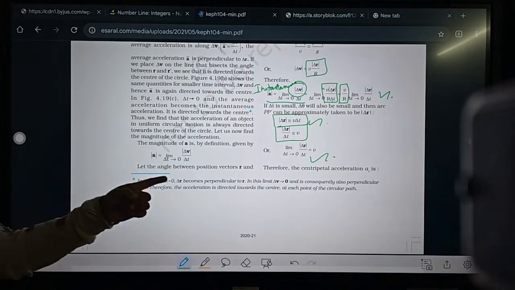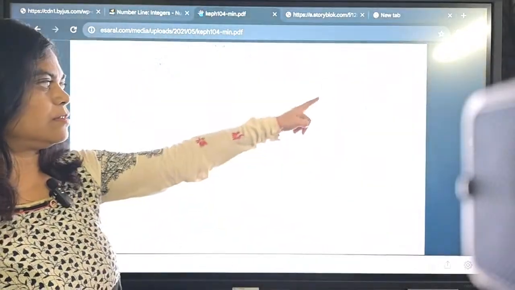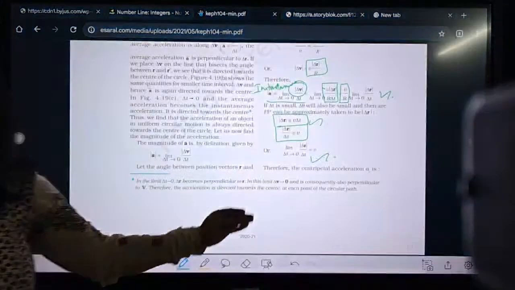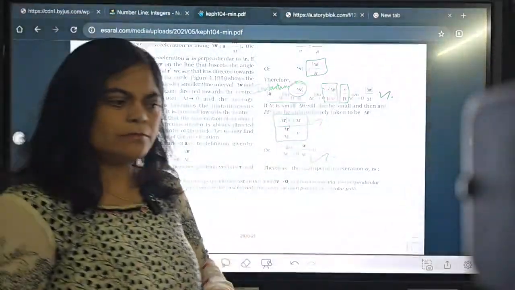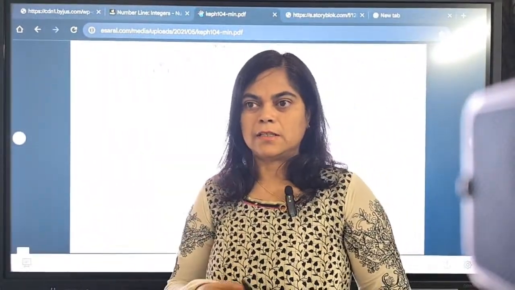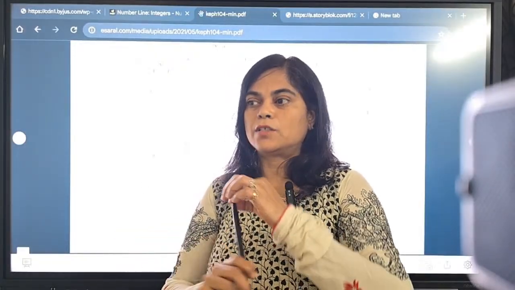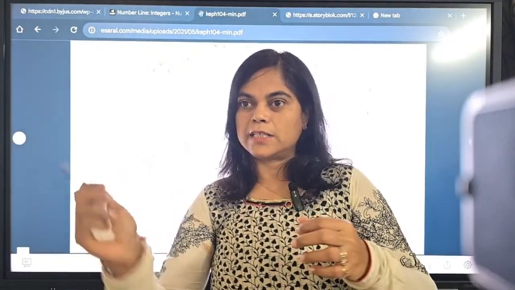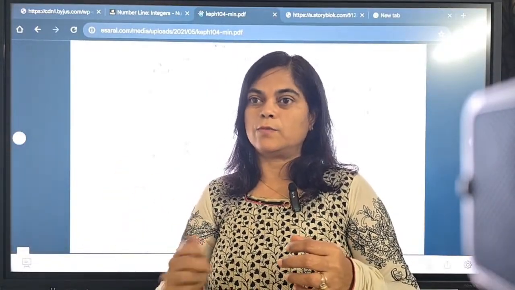Okay, this acceleration, first the instantaneous acceleration, you found from this. Now we are pointing to the centripetal acceleration. All types of force you have learned, right? If you tie a stone on a thread and then you make it rotate or sling it, then what will happen?